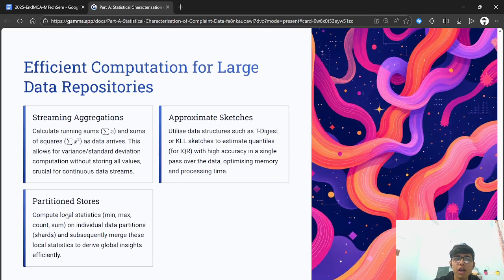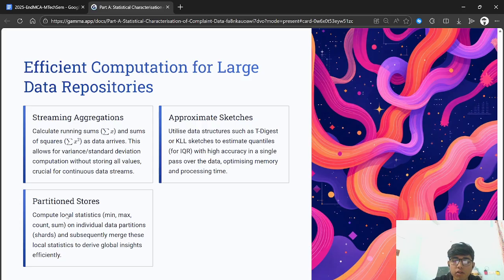Efficient computation for large data repositories includes streaming aggregation, approximate sketches, and partition stores. The first one is calculating the sum and the sum of squares as data arrives. This allows the variance and standard deviation computation without storing all the values, crucial for continuous data streams.